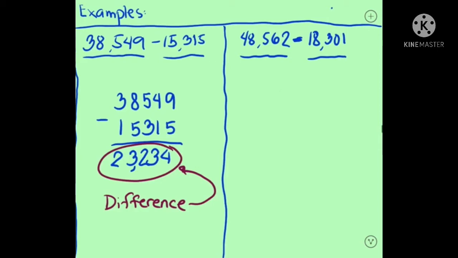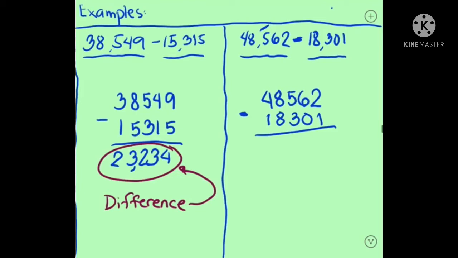I will write first this, our minuend, correct? We have here 48,562, and then our second number, 18,301. Make sure again their digits are aligned based on their place value. So we have the minus and the equal symbols.